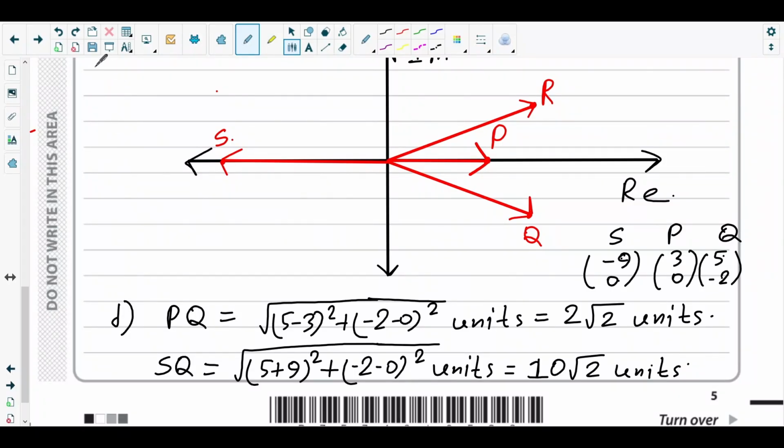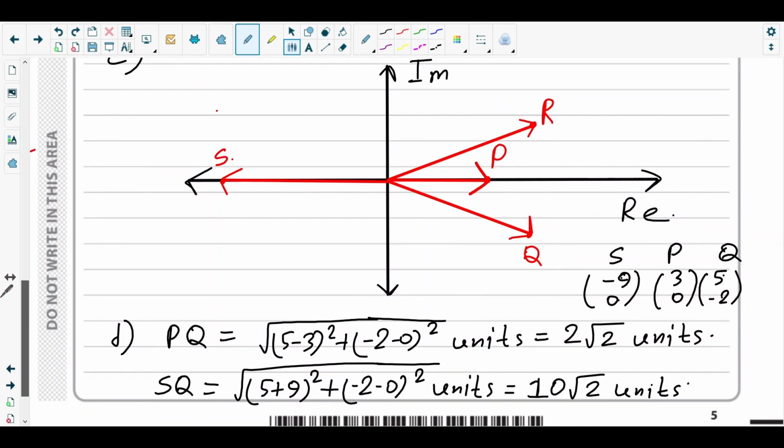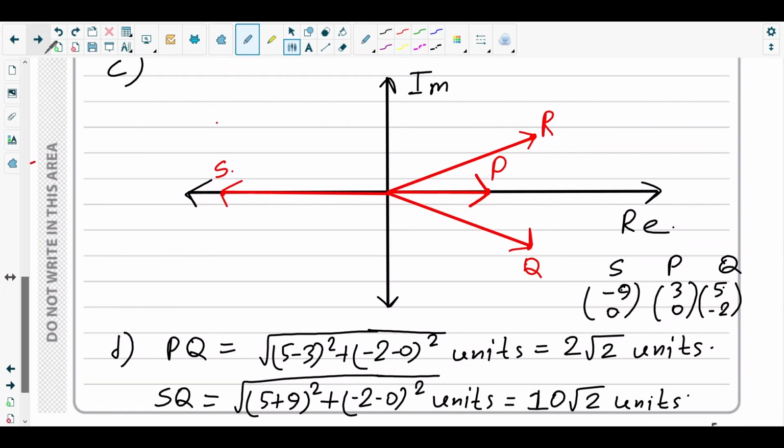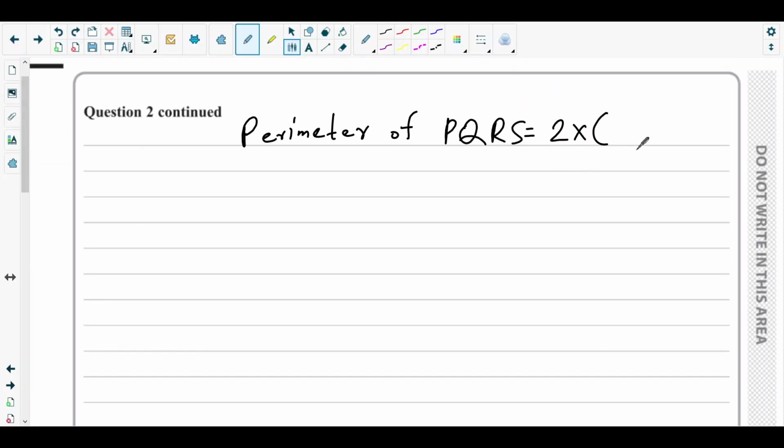Okay, so now the perimeter. What I showed earlier: the perimeter of PQRS is twice the length of PQ plus SQ, because the opposite sides are equal.